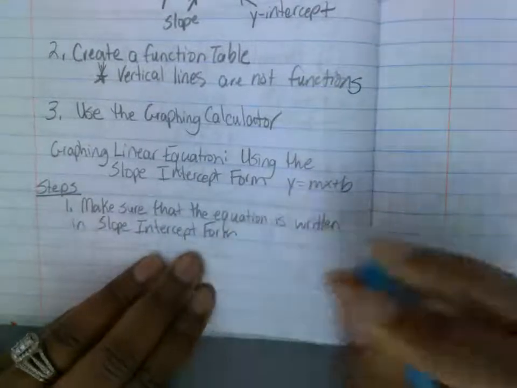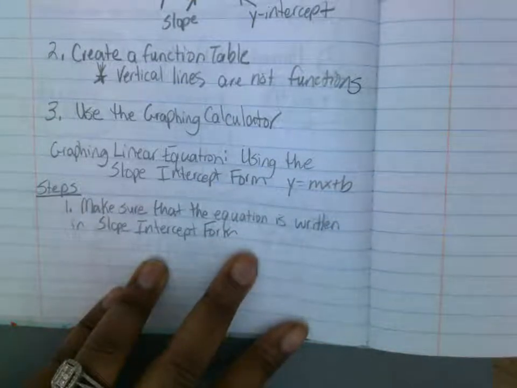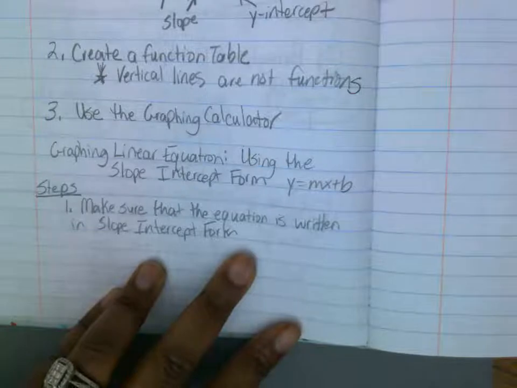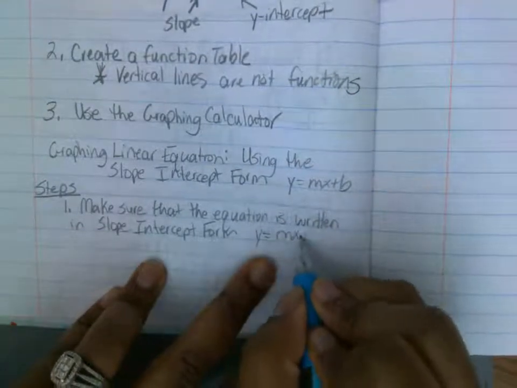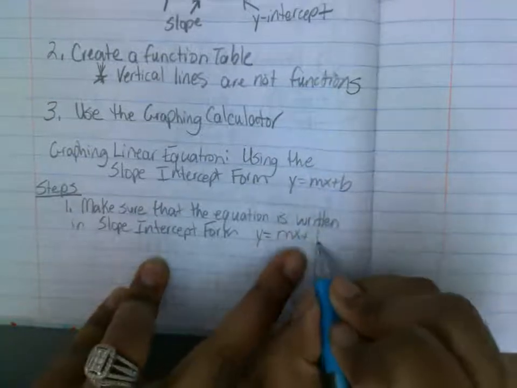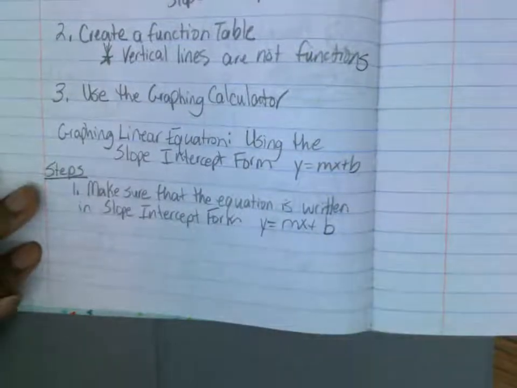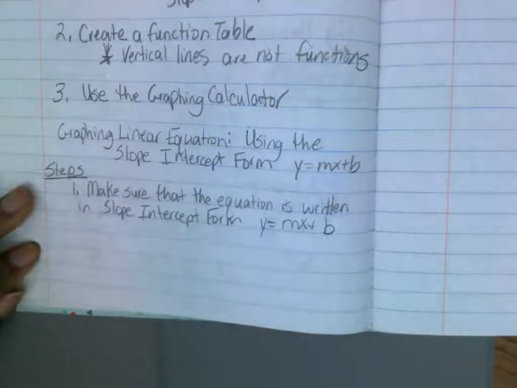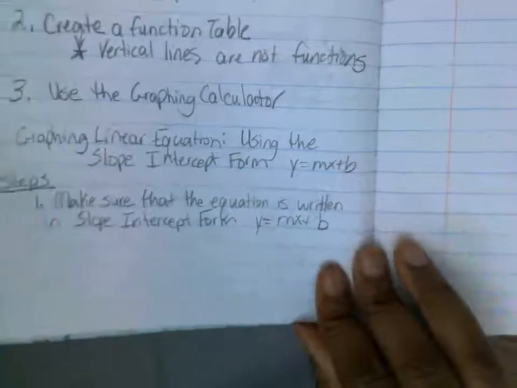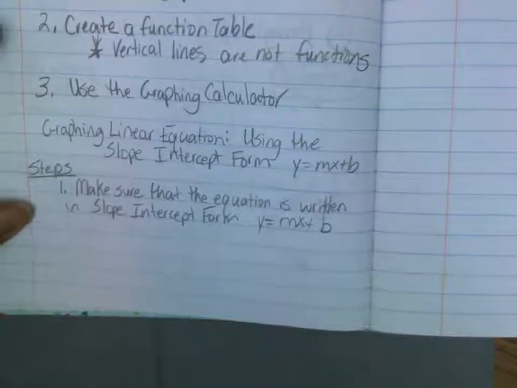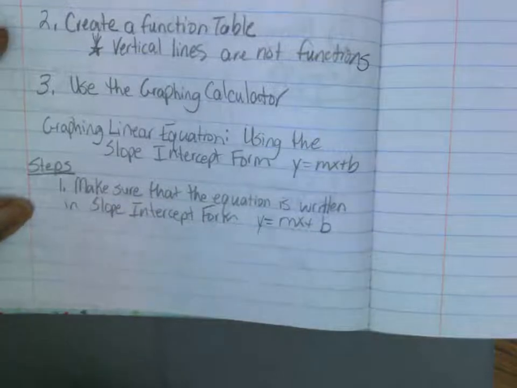And we talked about how to write an equation in slope-intercept form by solving for y, getting y by itself. Slope-intercept form again is y equals mx plus b. If it's not written in slope-intercept form, you need to rewrite it in order to graph it. All of the problems that we're doing today are already written in slope-intercept form.